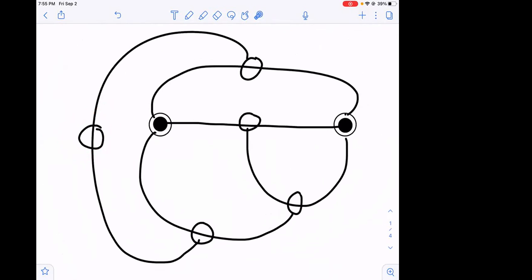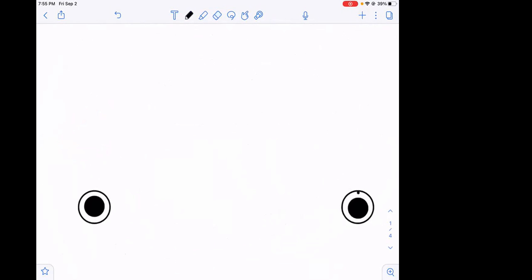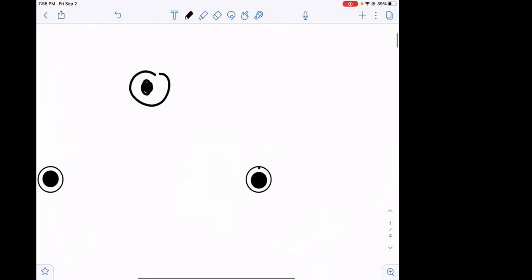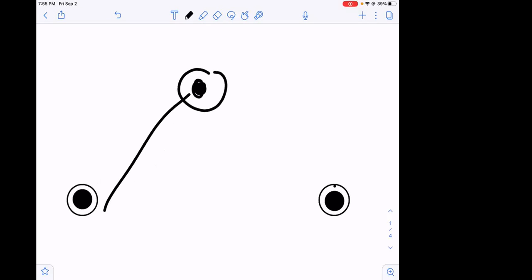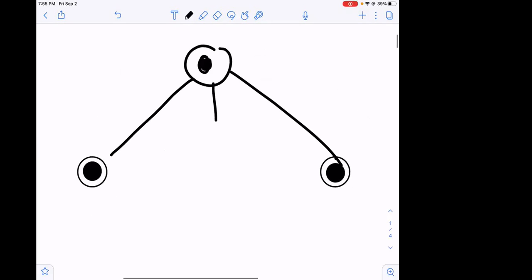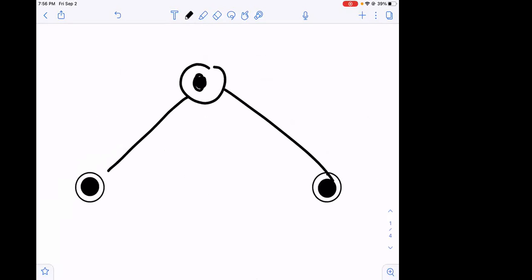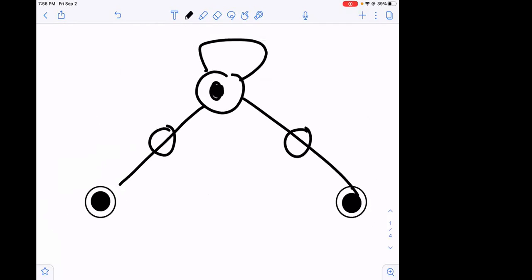Now, for another system of this game, we can also start with 3 points. And if we start with 3 points, then this point can only attach to both of these like this, because it can't actually attach to itself after something like that.